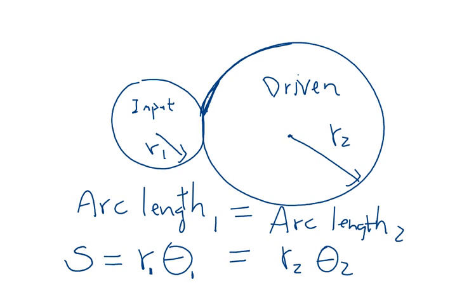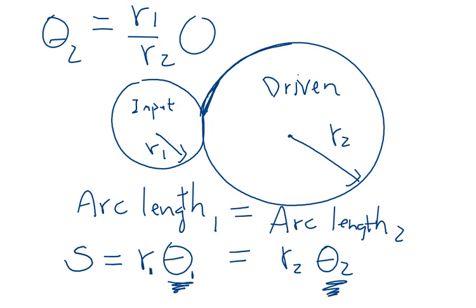Okay? So now that we have this, let's take a look at rotations. So if gear 1, your input gear, rotates by some angle theta sub 1, then we want to find out how much that driven gear is going to rotate by. That's theta sub 2. So you solve for theta sub 2, you get theta sub 2 is equal to R1 over R2 times theta sub 1.